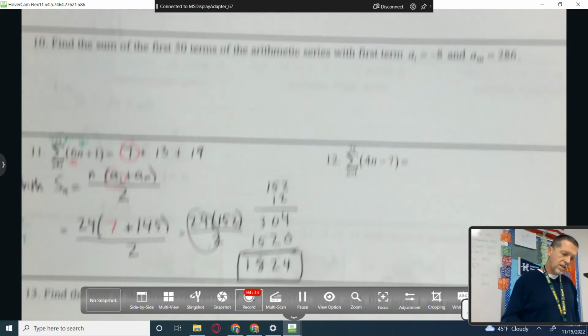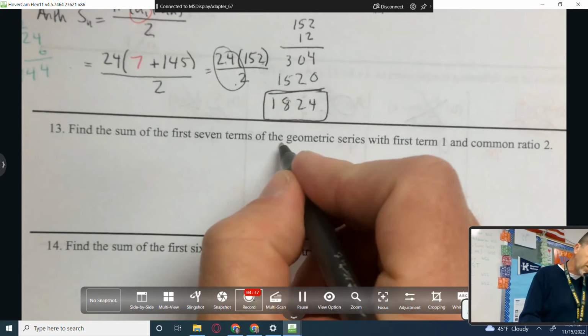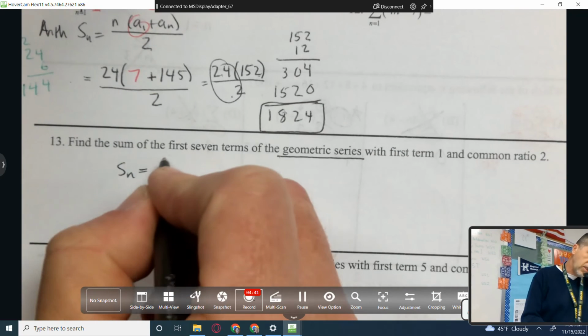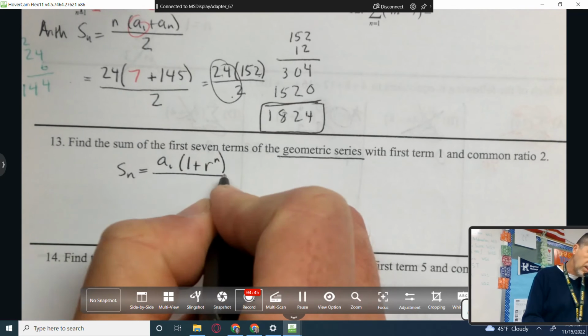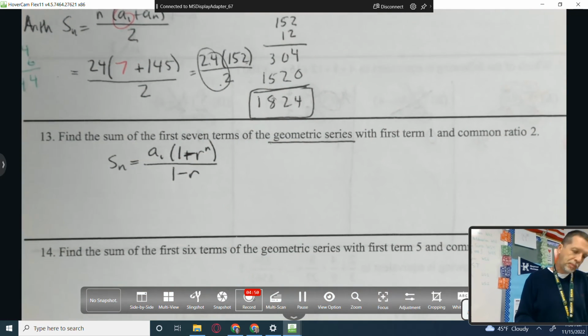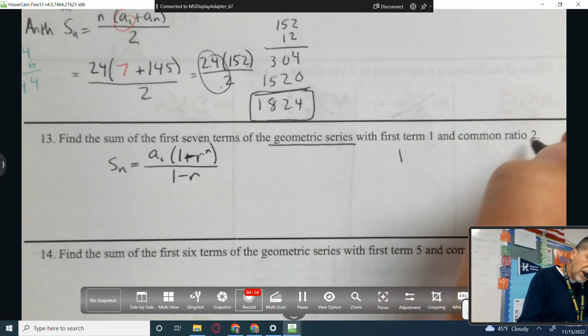13. Find the sum of the first 7 terms of a geometric series. So I already am thinking to use this formula, 1 minus r to the n over 1 minus r. First term 1 and common ratio 2.